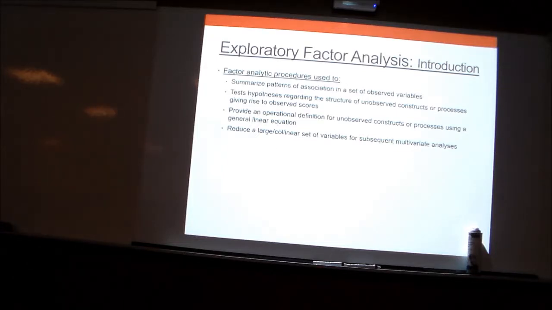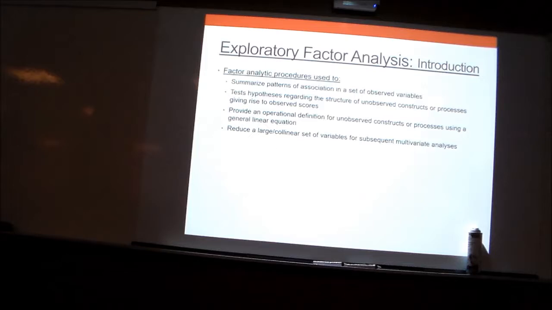But those items and those scores aren't literally the construct that we're measuring. Those are fallible indicators of this unobserved construct. But if these are the items that should tap into extroversion and these are the items that should tap into neuroticism, then we should start to see certain things come up within these analyses if our theoretical assumptions are correct.